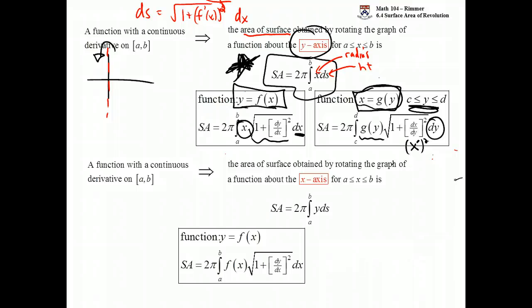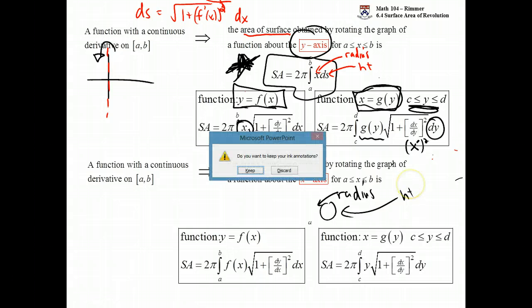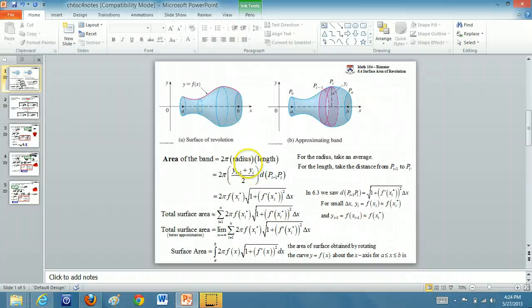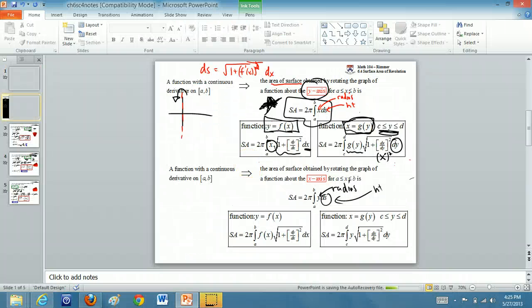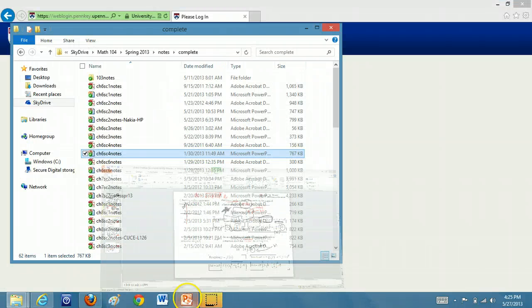Sorry, not quite sure what's going on here. That's okay. Alright, so your radius is now y, and your ds once again is your height. Hold on one second here, I don't know what's going on here. What happened here? Let's try it again.